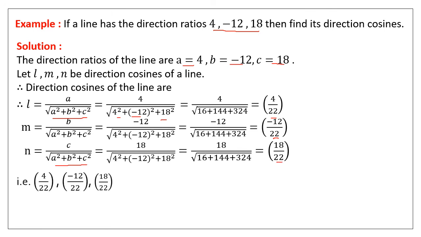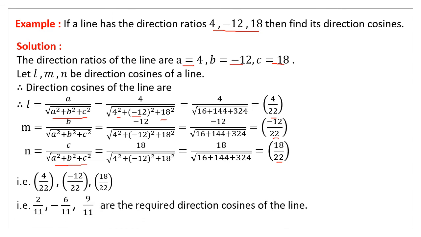See student, we have to do the calculations here. So we have L, M, N as 4/22, -12/22, 18/22. That is 2/11, -6/11 and 9/11 are the required direction cosines of the given line. Such examples are asked for 3 marks.